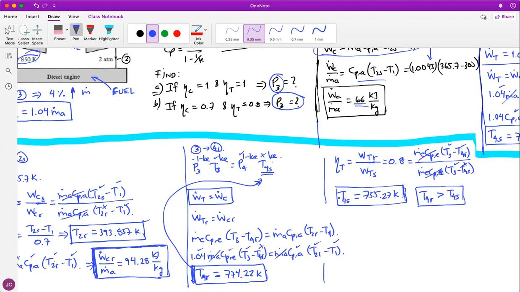Okay, now with that information, I can go and put it over there. And with that, I'm going to get the P3. So P3 again is equal to T4, let me put T4S divided by T3, okay? And 1 minus K, no, it's not that way, so let me erase that.